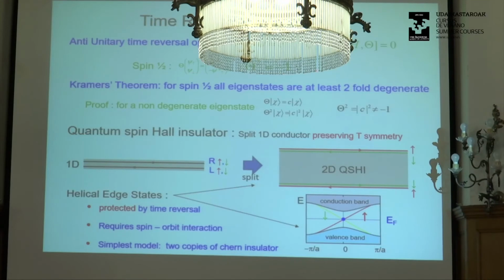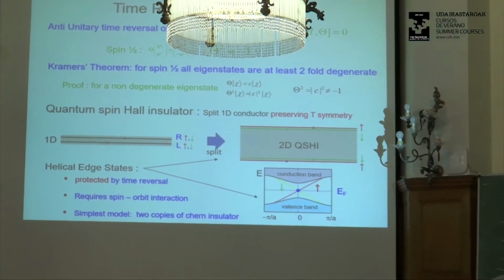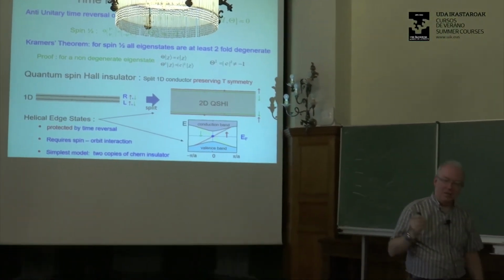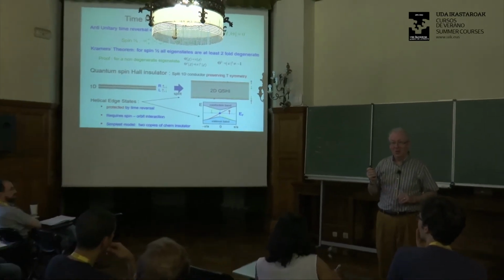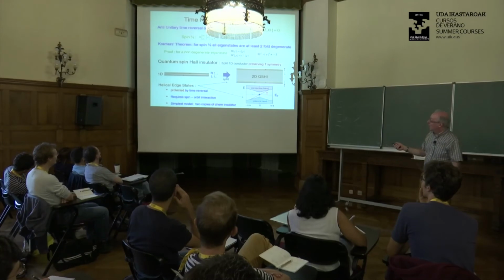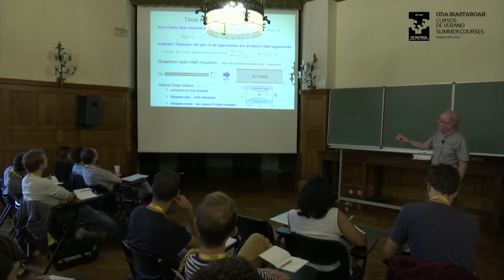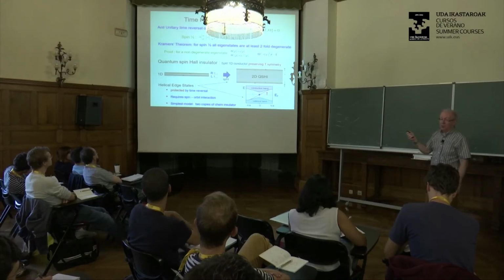What follows from this minus sign is a very powerful but simple-looking theorem called Kramers' theorem, which tells you that when you have a spin one-half system, every eigenstate is at least two-fold degenerate.